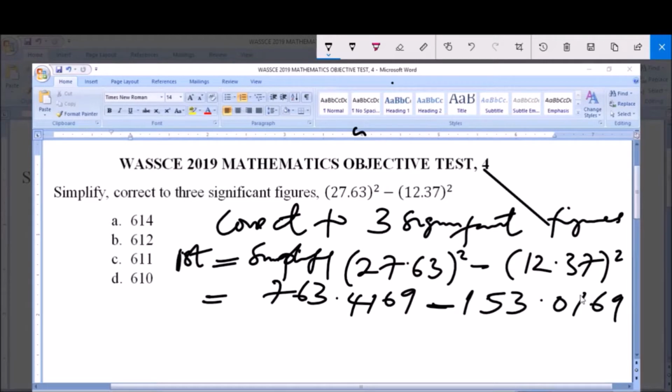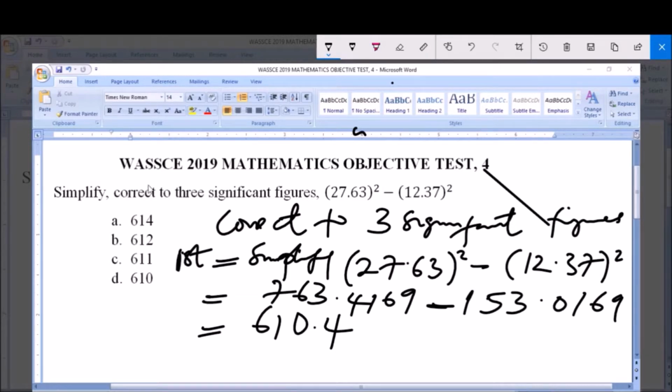And when you subtract 153.0169 from 763.4169, we get 610.4. Now 610.4 is what you get.